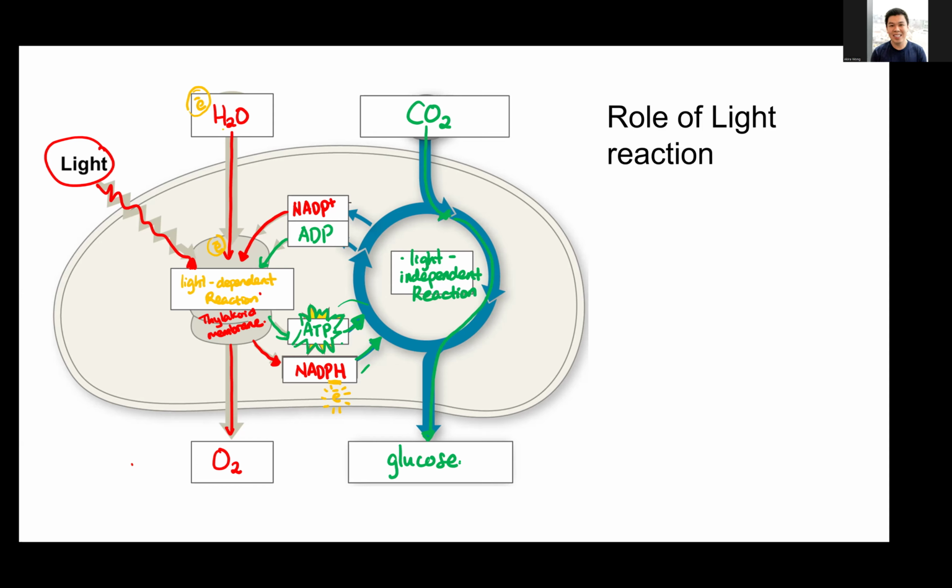So by the time glucose is made in the light-independent reaction, it would have obtained the electron that is high in energy. It will also obtain the energy from ATP.